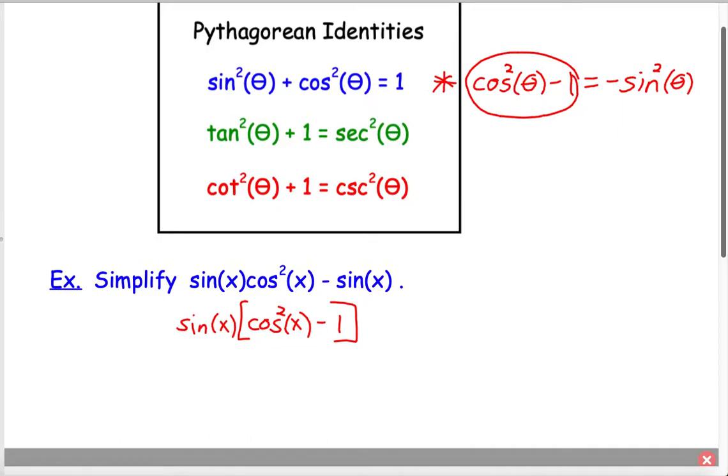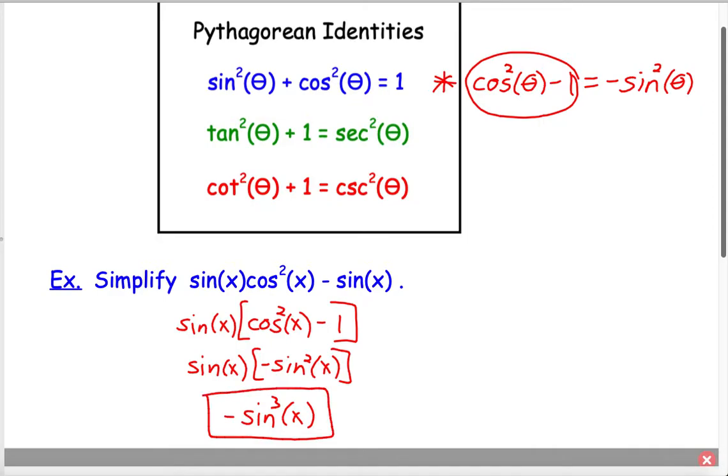So I can replace my brackets with a negative sine squared. And now I can multiply those out, and I get negative sine to the third power of x. So I've simplified my original expression down to just negative sine cubed.